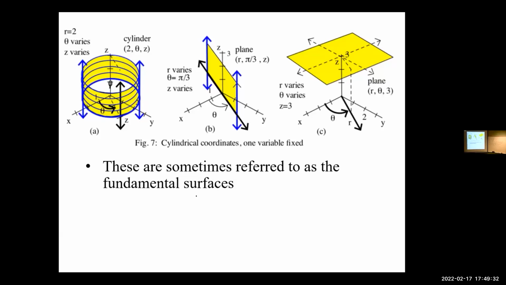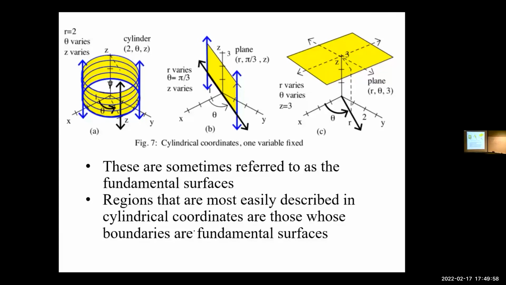So if we see a cone, or a cylinder in our figure, or a plane that's perpendicular to the XY plane that goes through the Z axis, we know we want to be in cylindrical. Again, kind of foreshadowing where we're going to go later this semester, so I don't want you to worry about that too much right now, but I just want you to get used to this idea. We will go through those exact 2 slides again later this semester, and I'll ask you the same questions.